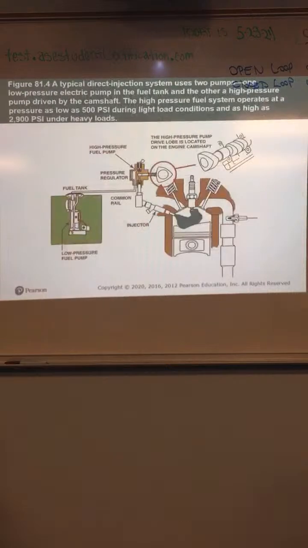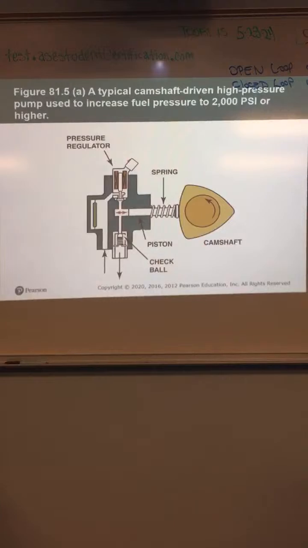Right here, little chart. We looked at this as well. This is the lobe on the camshaft that drives the mechanical high pressure fuel pump. I don't know why they drew that like that. That's supposed to have a little cap over it with a little roller on it, because otherwise obviously that would wear out in no time.